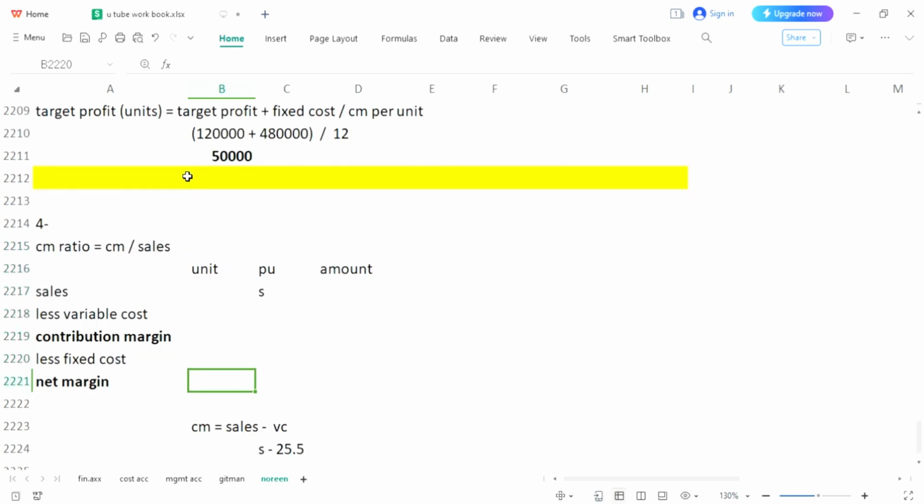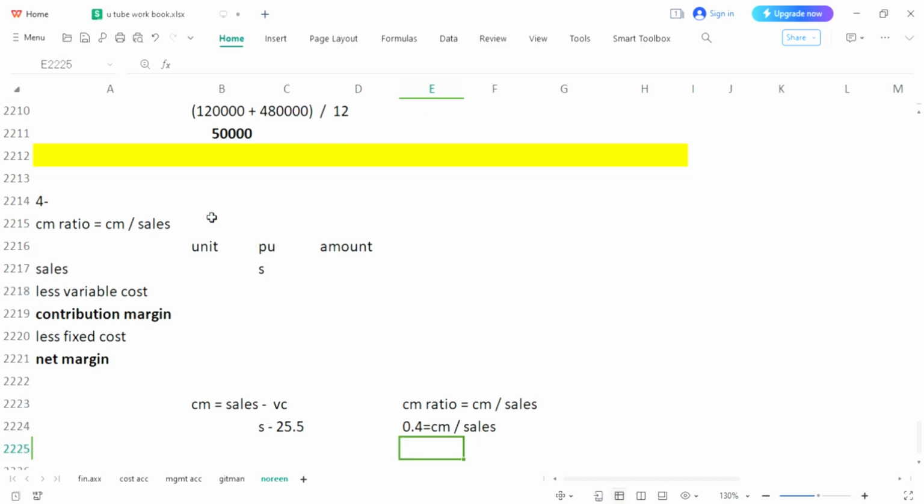because the owner doesn't want to change this ratio. CM ratio I'm writing again. It was CM divided by sales and we have calculated it as 40%. That means 0.4 is equal to CM divided by sales.